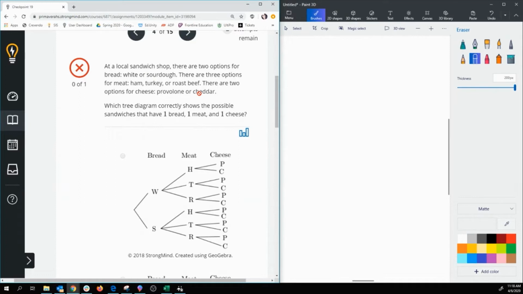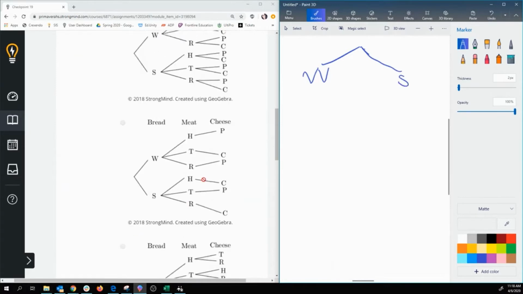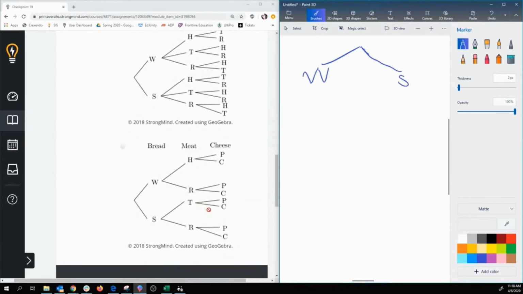So the first set of branches we should have is our bread, and we can either have white or sourdough. So our tree diagram should start out looking something like this. W for white bread, not an H. I should have an S for sourdough. Okay, so if I look through these answer choices, all of them start like that, so that's good.